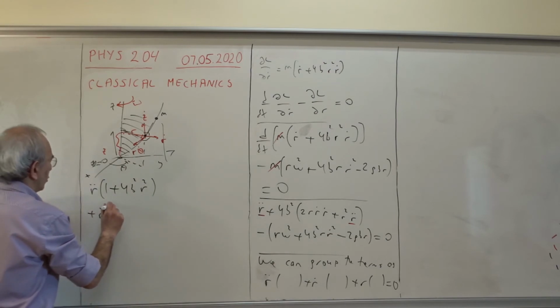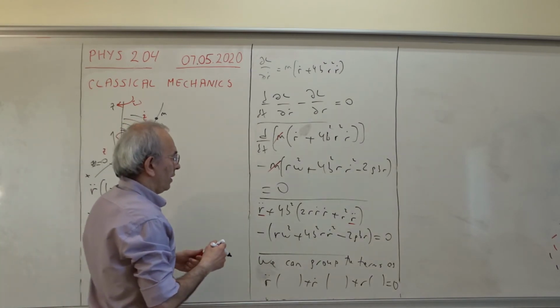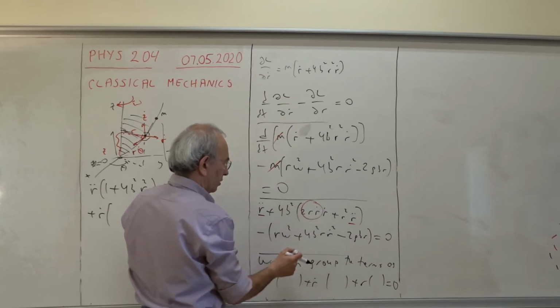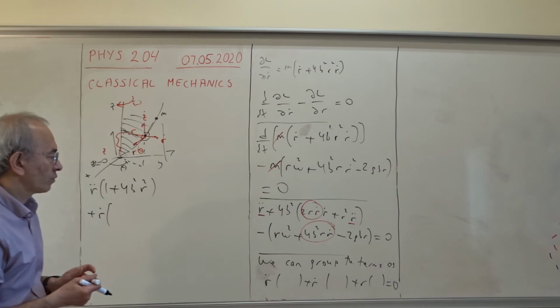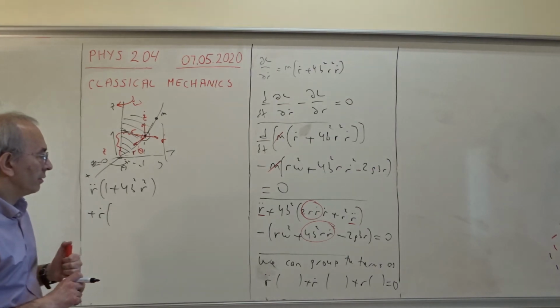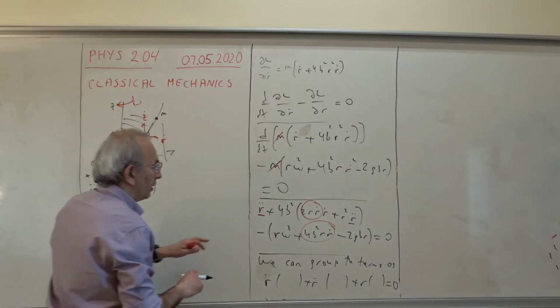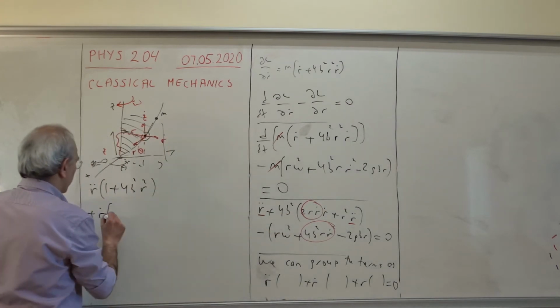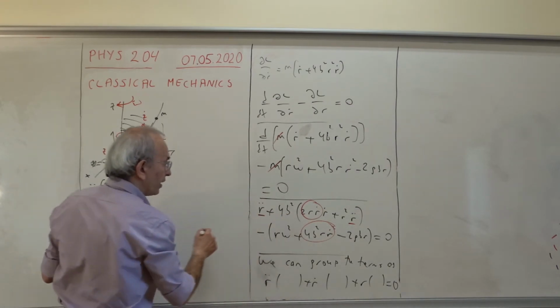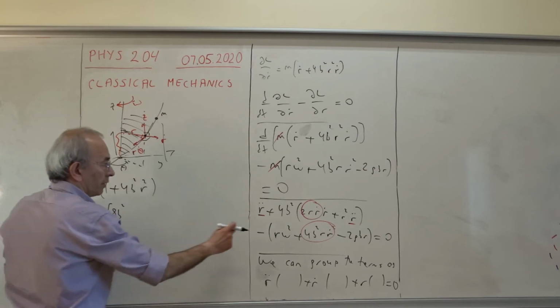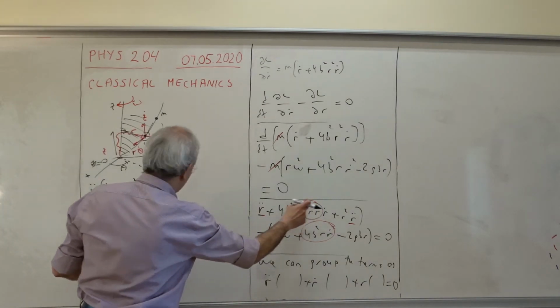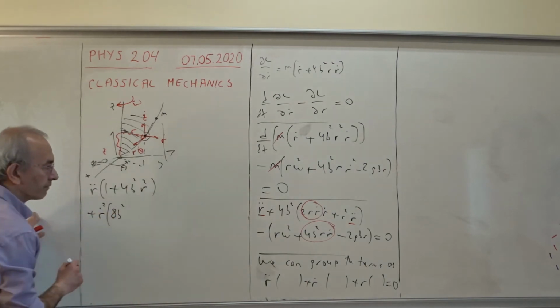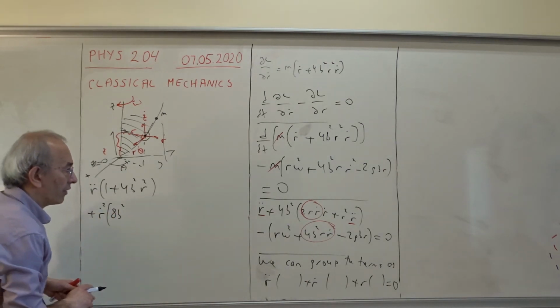Plus r dot multiplied by, there's an r dot here and an r dot there. Let's see what they do. 4 times 2, 8. 8b squared r dot squared.